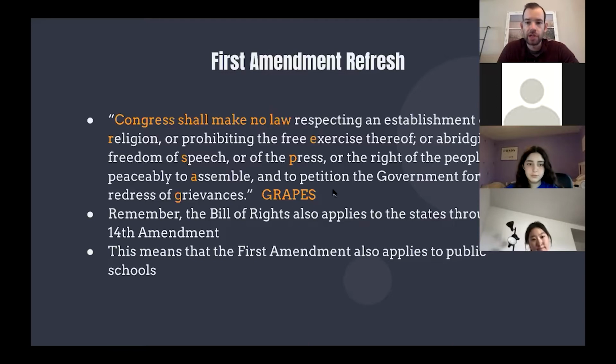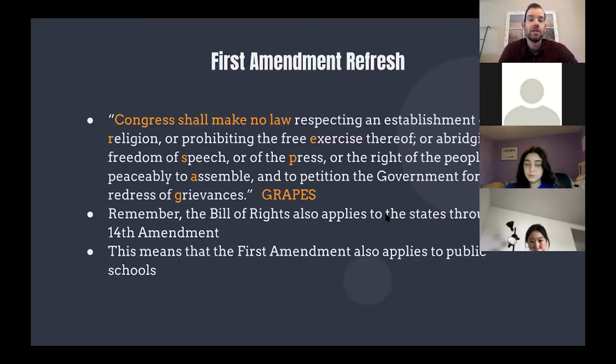Tonight we're just talking about the free speech portion of this. Remember, originally this applied only to the federal government: Congress shall make no law. Then after the 14th Amendment, it became applicable to the states through what's called the Incorporation Clause. And for our purposes tonight, that means it also applies to schools.